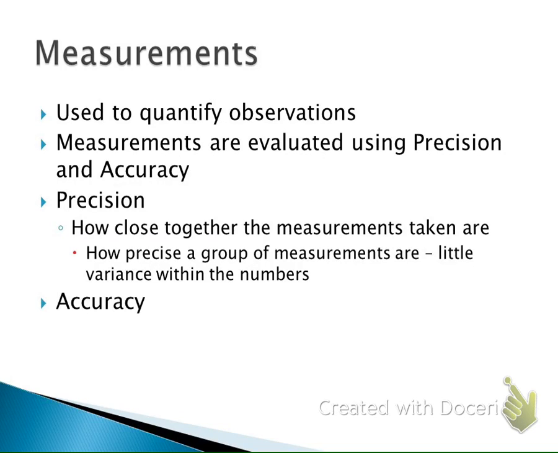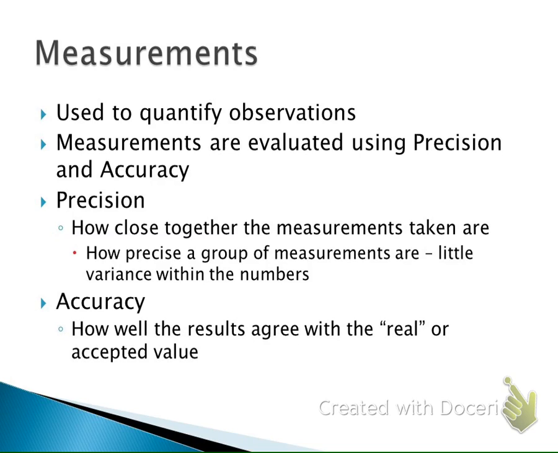Close to what's right. Yeah, very good. Accuracy is how well these results agree with the real or actual or accepted value. Okay, so accuracy is close to actual, right? An accurate measurement is close to the actual measurement.